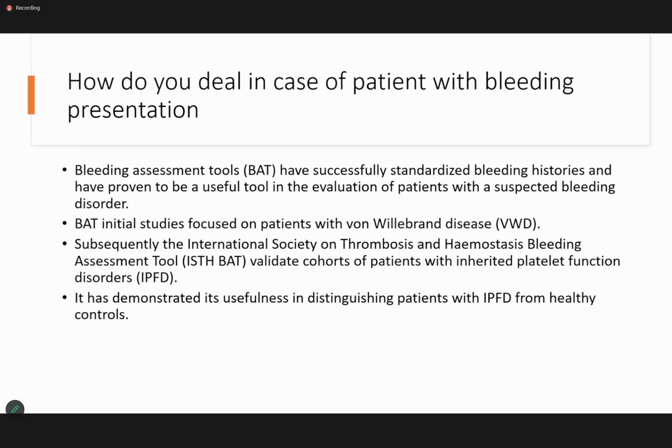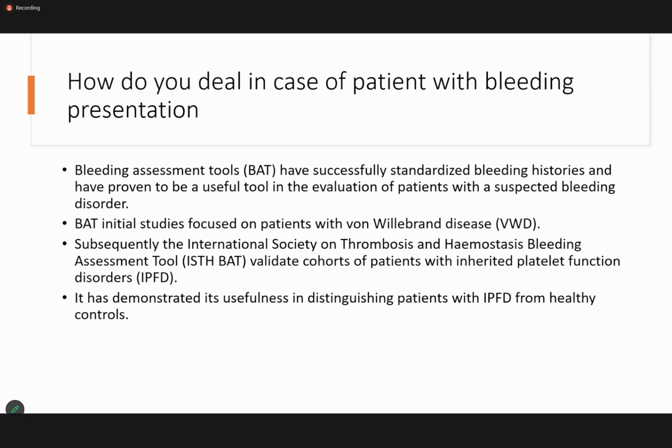So how do you deal with a patient with a bleeding presentation? The bleeding assessment tool provides a standardized bleeding history, and it has proven to be a useful tool in the evaluation of patients with a suspected bleeding disorder.